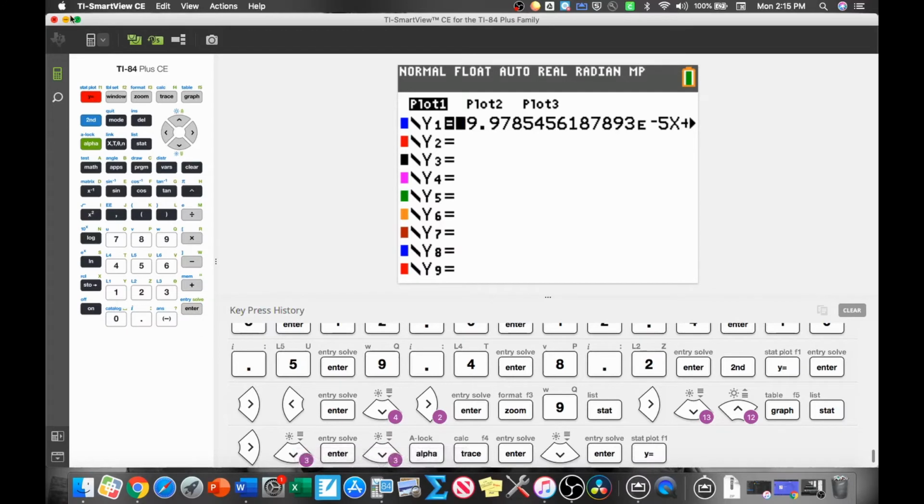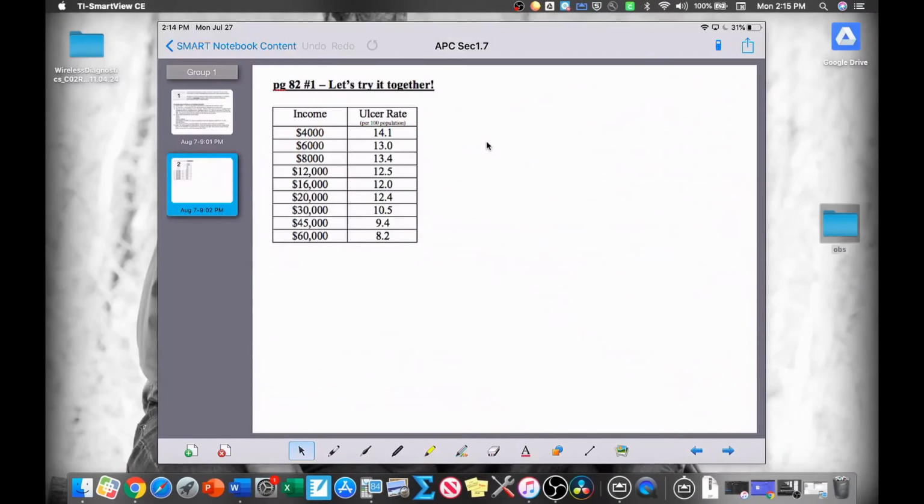So on my paper, I am going to write that. And actually, we're doing part C. We'll come back and look at parts A and B later. We're going to do part C, which was linear regression.